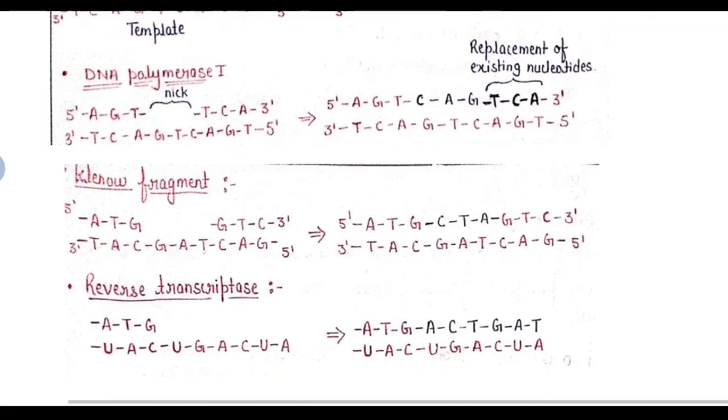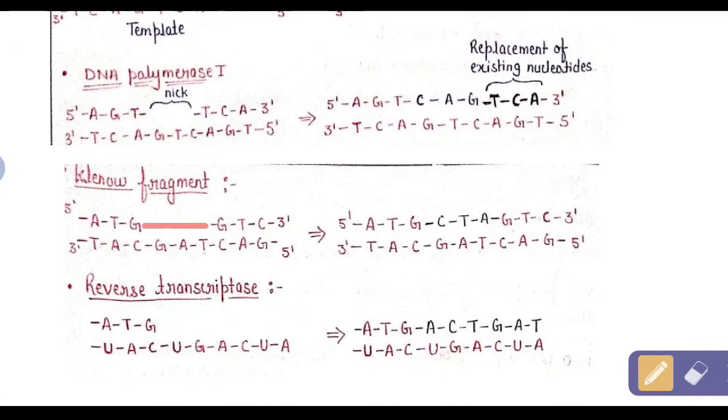Then we have Klenow fragment. Klenow fragment only has 5' to 3' polymerase activity, and it does not have 5' to 3' exonuclease activity. So it is only going to synthesize the DNA, but it is not going to degrade the existing DNA strand. Here you can see only the nick is being filled and the remaining strand remains as it is.